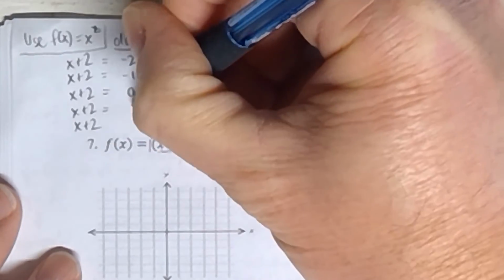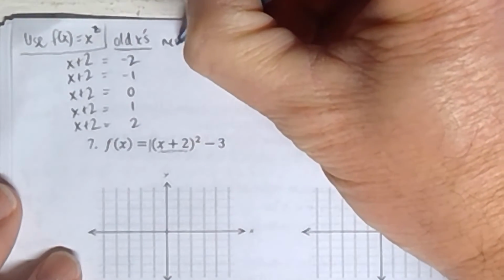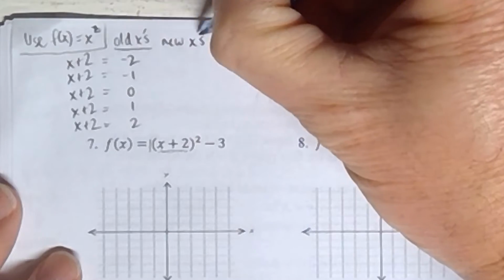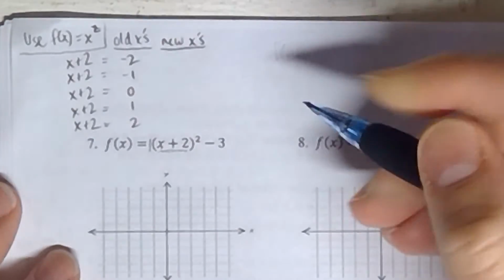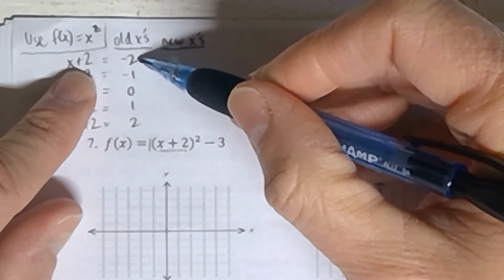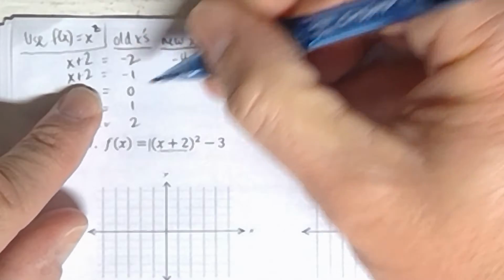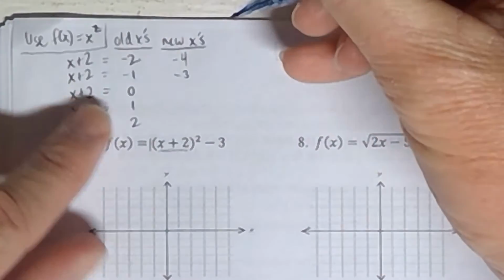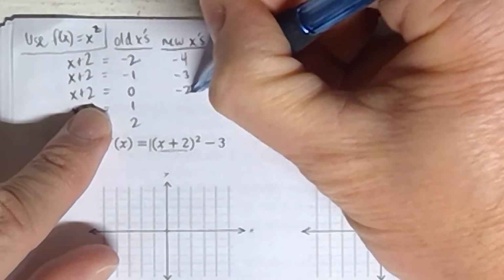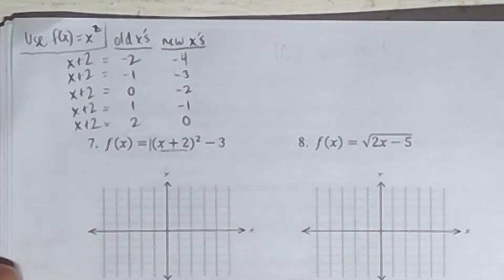And then we solve those 5 equations to figure out the 5 new x values. What are they going to be? Well, as you can see here, in order to get x by itself, we need to subtract 2. So negative 2 minus 2 is going to be negative 4. Negative 1 minus 2 is negative 3. 0 minus 2 is negative 2, and then so on down the line here. And there we go.